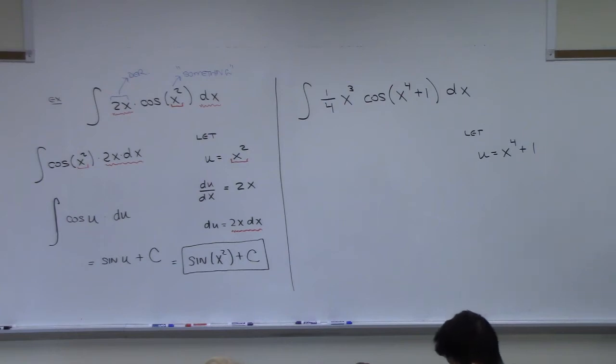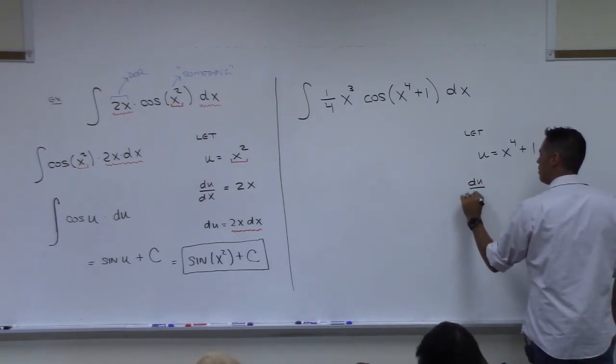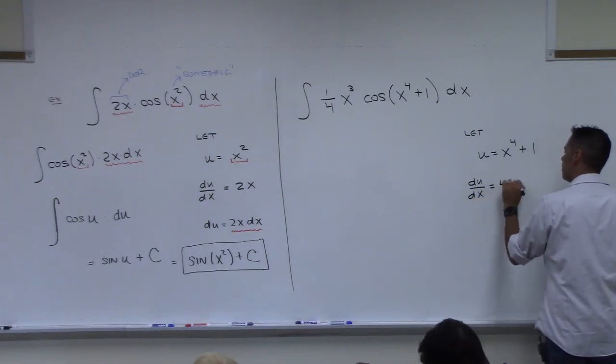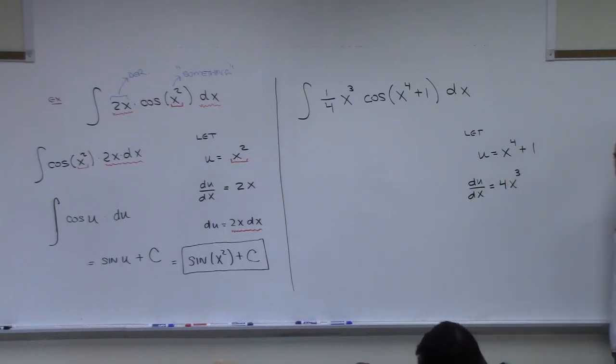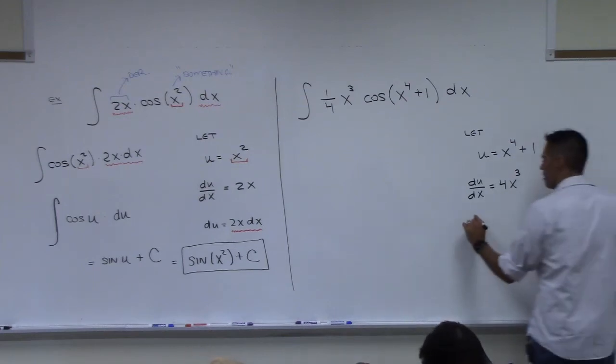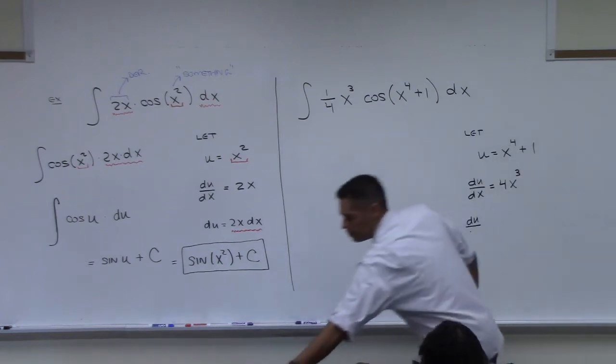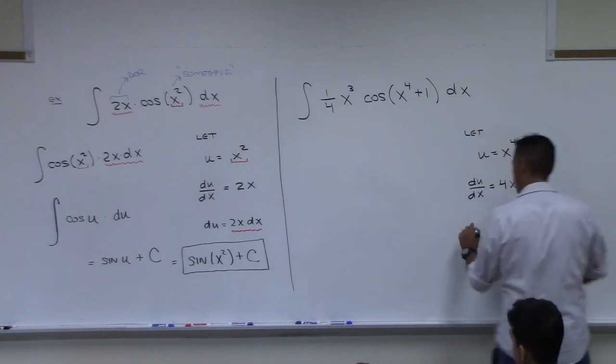All right, now take derivative both sides implicitly with respect to x. So du dx is equal to 4x cubed, right? The next step should always be to isolate the du, so get dx to the other side.